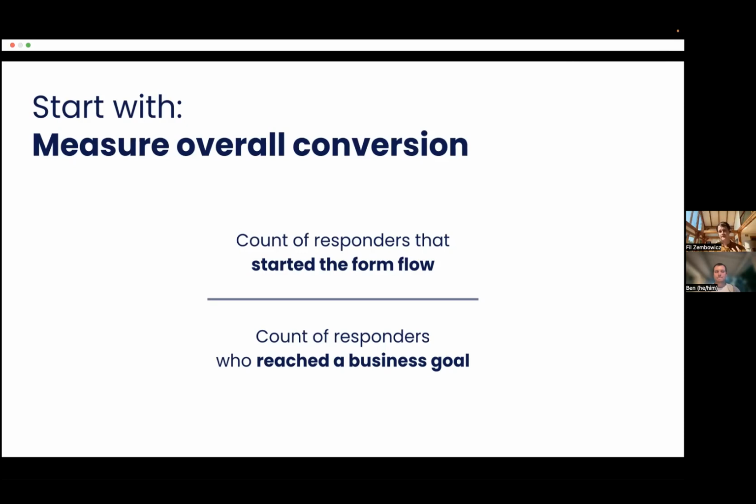If you get focused too much on that, you'll end up removing questions and really optimizing people to go through. But if those people go through and then aren't good patients or good borrowers or good users later on, you're actually probably optimizing for the wrong thing.